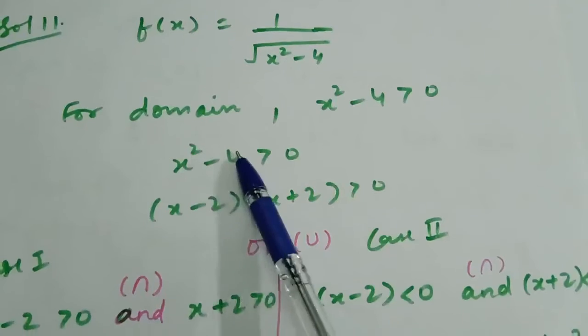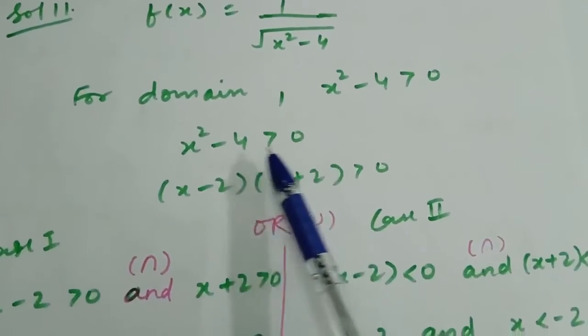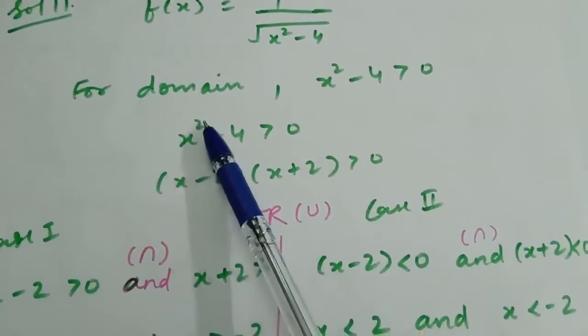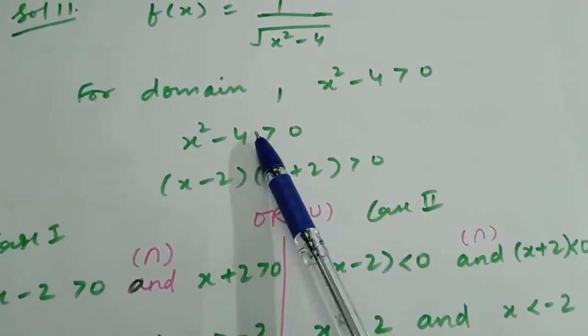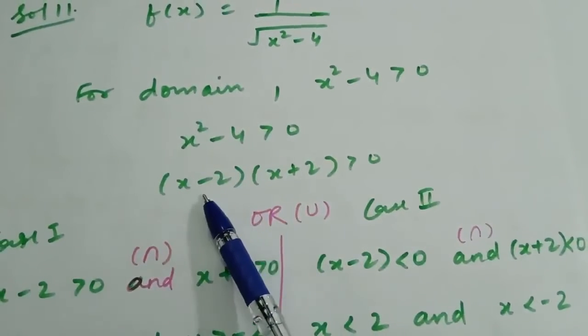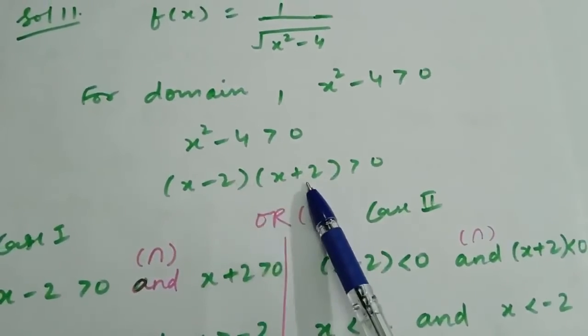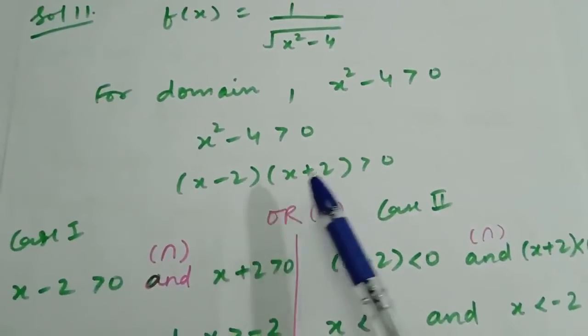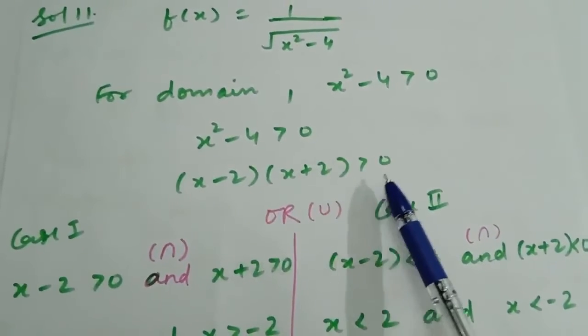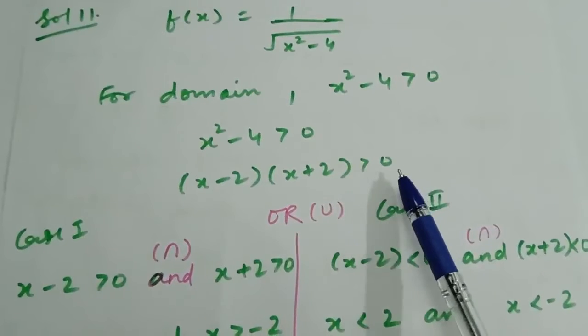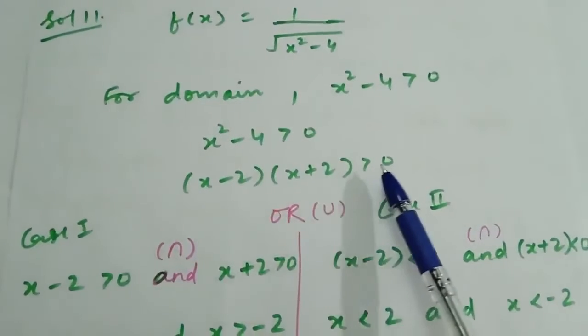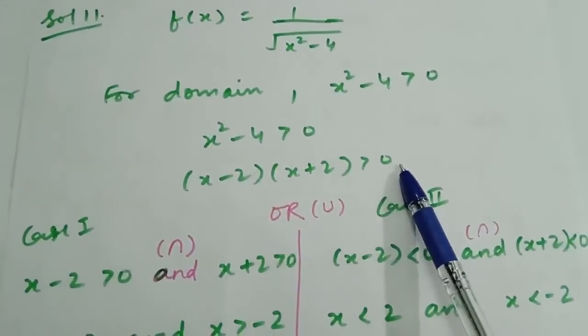Now if x square minus 4 is greater than 0, we are using the identity a square minus b square, which can be written as a minus b into a plus b. So x minus 2 into x plus 2 greater than 0. Now if this product is greater than 0, then two cases arise.